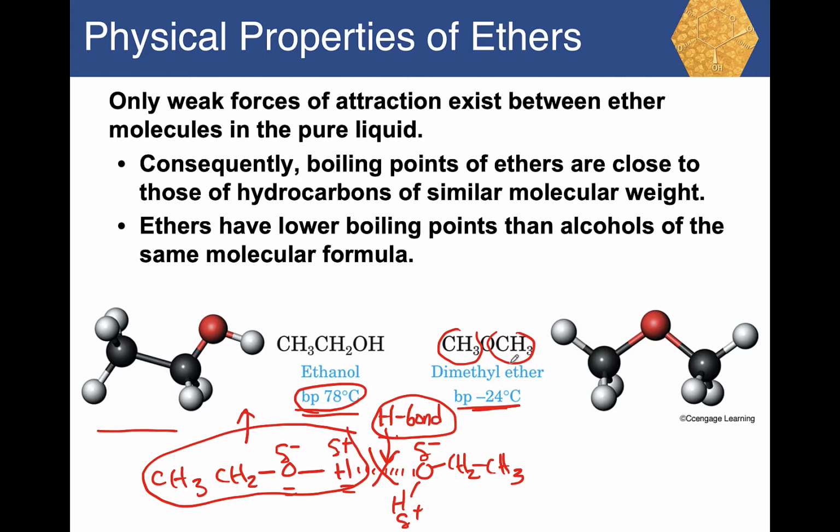As a result, the energy required to break the very weak dipole-dipole interaction for dimethyl ether is less, so therefore the boiling point here is low compared to that of ethanol, which has a very strong hydrogen bonding.